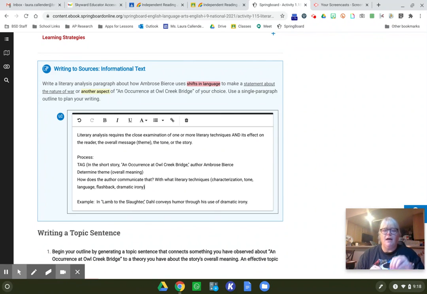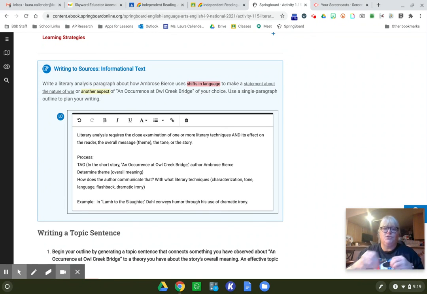So if you're going to talk about how he uses flashback to show that he wanted to live the life of a hero, then you need to talk more about the flashback and how it takes us, the reader, into knowing more about the motives behind what this man did, right?